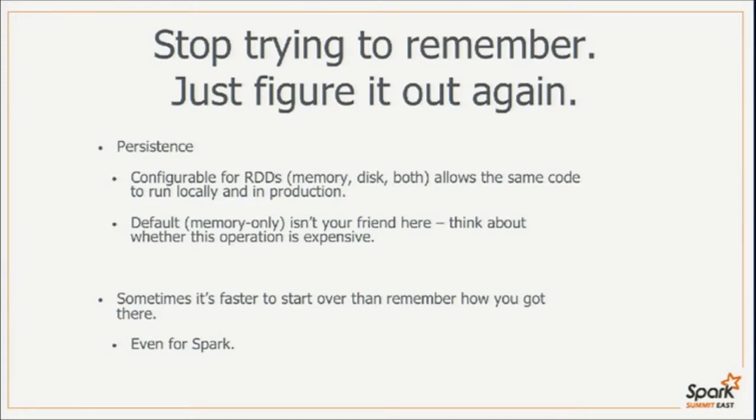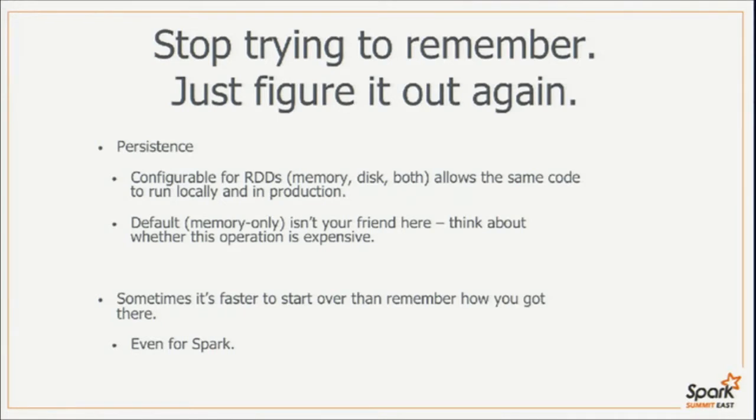So if you're never relying on having high memory availability, then on a sample of data, you can run basically the exact same code as you'd be running on a larger amount of data, just with more nodes. And to the extent that you're doing iterative development, avoiding whatever random things happen only in a development process is always nice. And based on that, default memory only might not make sense.